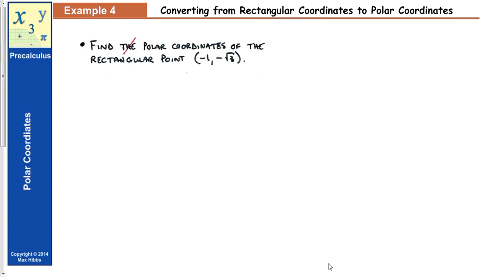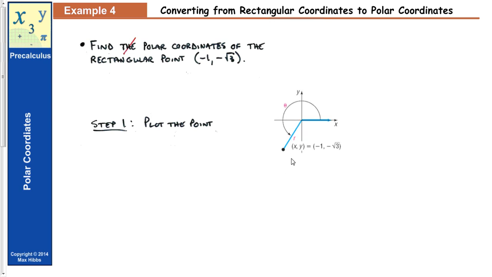In the last example, it was easiest to use a negative angle for theta, wasn't it? Well, we go about our business, and the first thing to do is to plot the point. The issue here, more than anything else, is that this point is in the third quadrant. Let's keep that in mind as we move through.